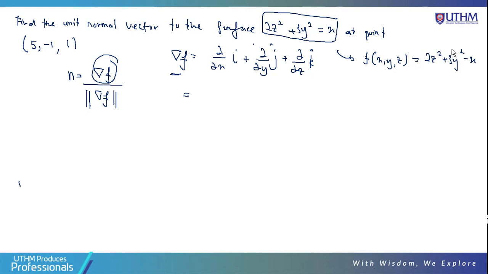So you differentiate with respect to x. Is there x here? No. Here there is x, so it becomes negative 1. So negative i. Okay, settled. With respect to y, here there's no y, this one has y, so it becomes 6y j. Respect to z, here there is z, so 4z k. Okay, settled. So you already get the gradient.